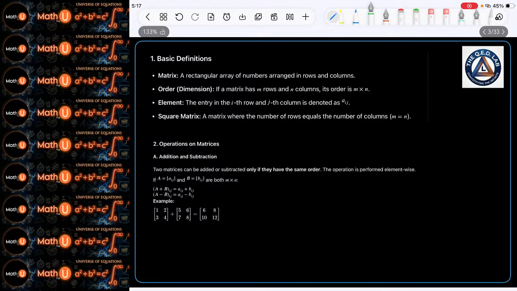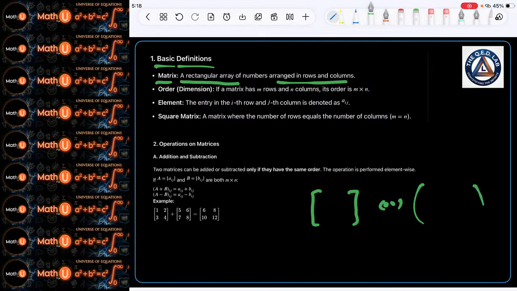Let's discuss some basic definitions. We know that a matrix is a rectangular array of numbers arranged in rows and columns. We denote a matrix with these symbols, or sometimes like this also, both are the same. If we take numbers horizontally, such horizontal arrangements are called rows.